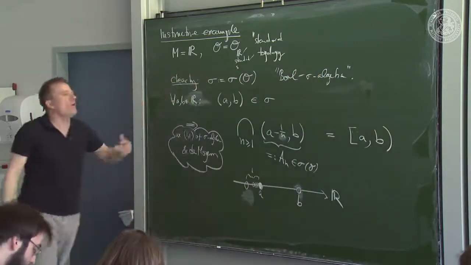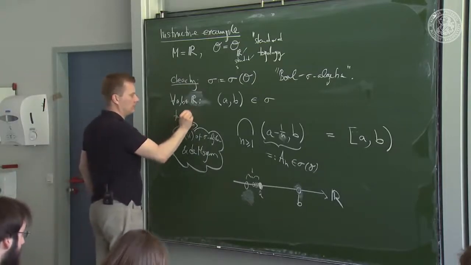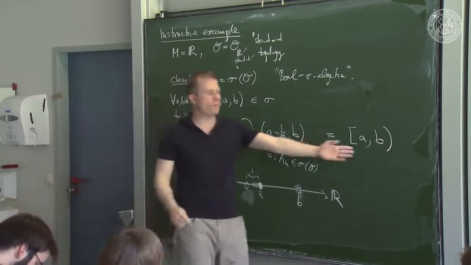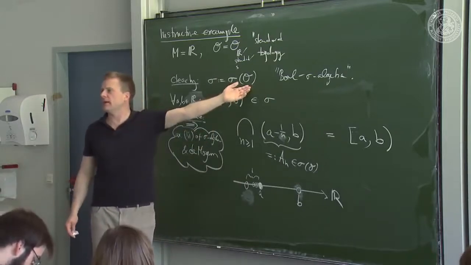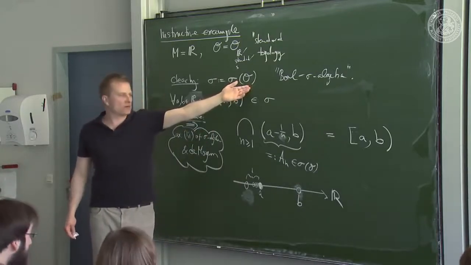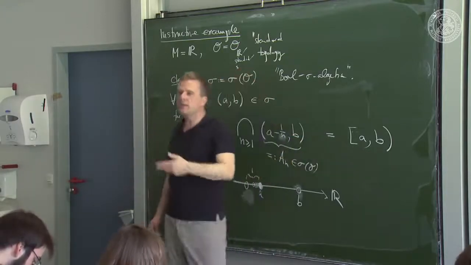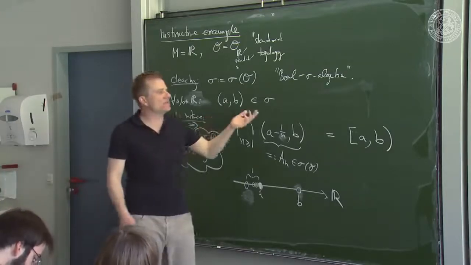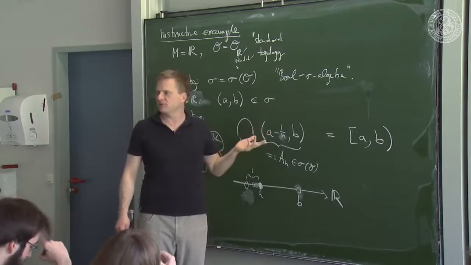Aha! So for instance, the half-open intervals are also in the sigma algebra. It's not difficult to see that also the closed intervals are in there, and many, many other sets. And it's so many sets that it's very difficult to really get an overview of which sets are measurable, right?